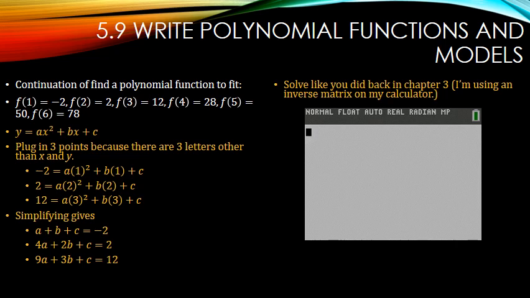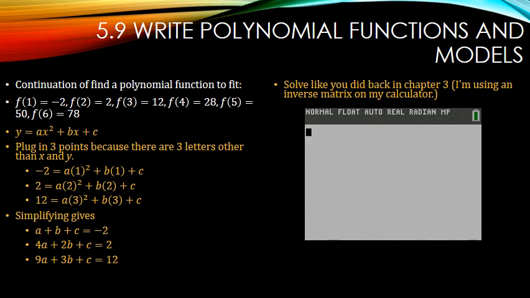So I hit matrix, edit, matrix A, which is the 3 by 3. This will be the coefficients. The 1a, 1b, 1c, 4a, 2b, 1c, and 9a, 3b, and 1c.